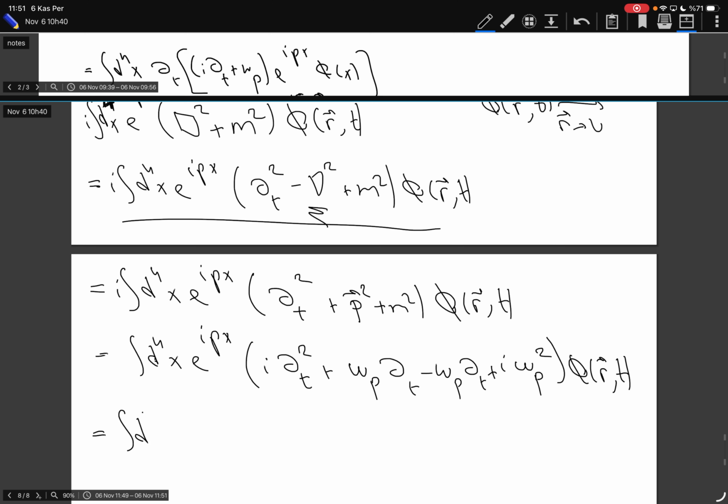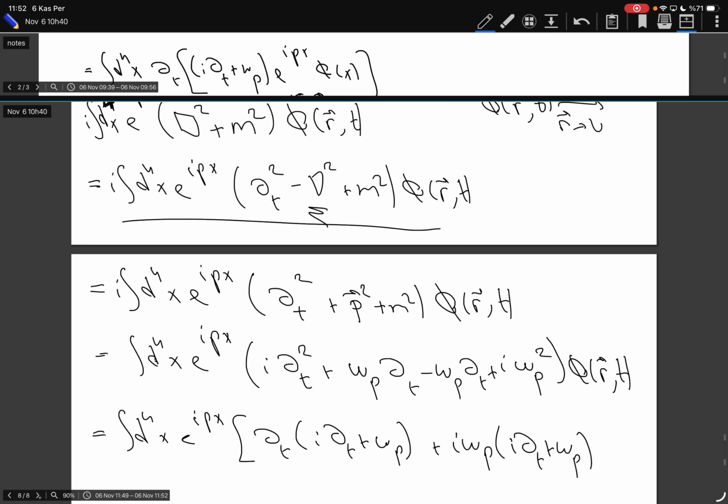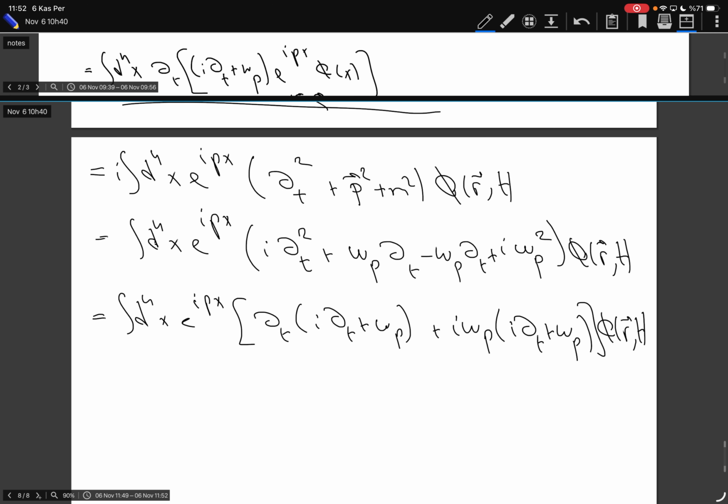This will be d^4x e^{ipx}, let's see, (i del_t plus omega_p) times (i del_t plus omega_p)... plus i omega_p, (i del_t plus omega_p). Now this is the kind of the trick.